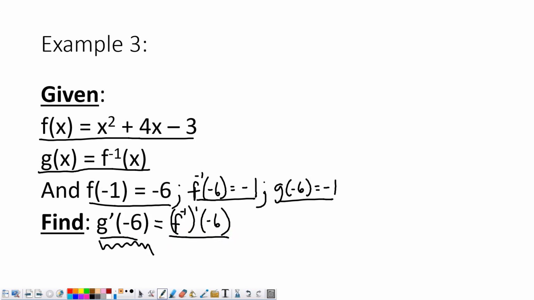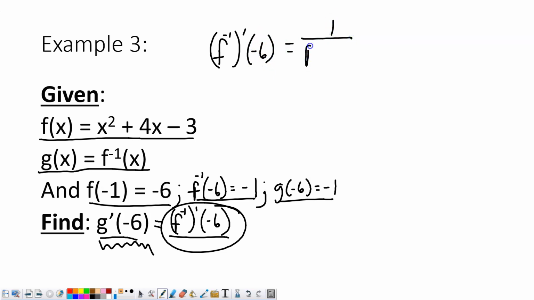So there's some preliminary work, just kind of paying attention to those things. Now, since I'm looking for f inverse prime of x, let's write out our formula. F inverse prime of -6, right? That would be 1 over f prime of f inverse of -6, right?